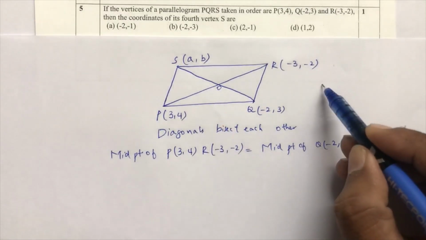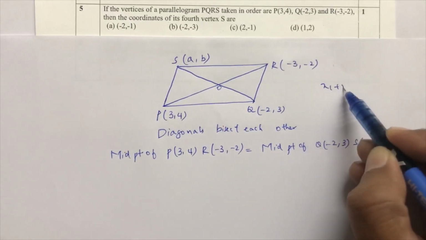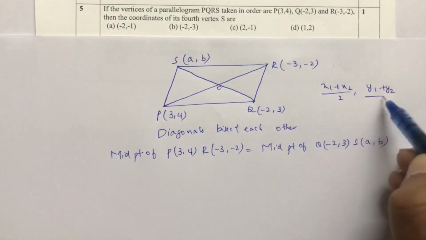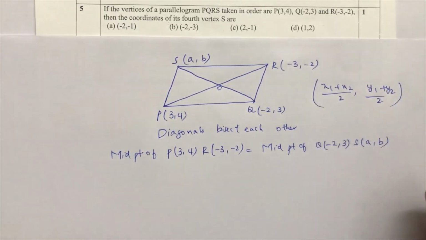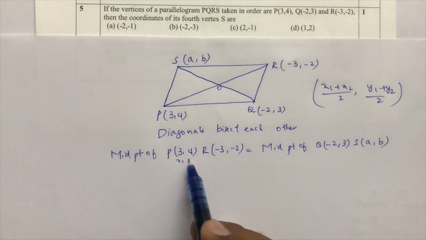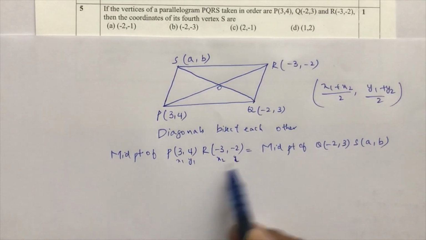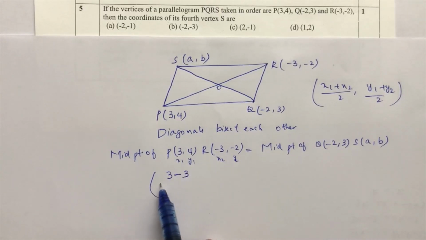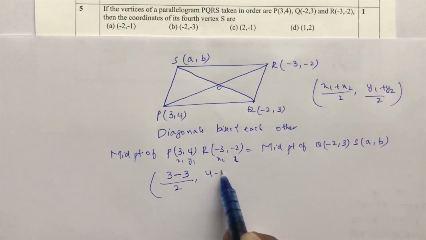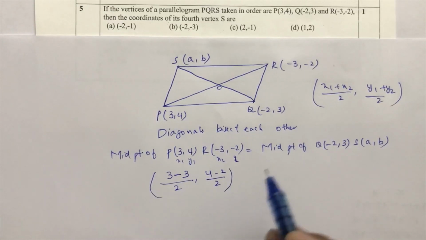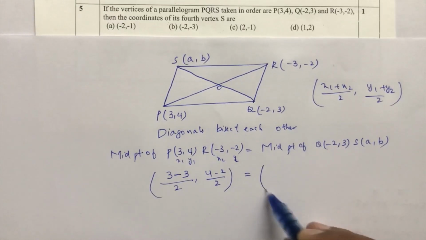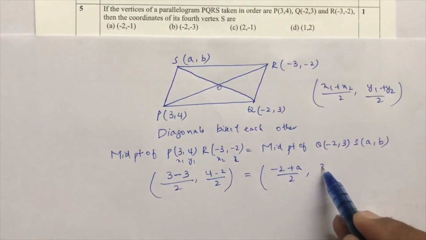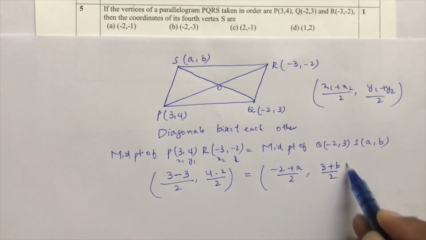Now midpoint formula is x1 plus x2 by 2, y1 plus y2 by 2. This is the formula for midpoint, where these are x1 y1 x2 y2. So 3 minus 3 by 2, 4 minus 2 by 2 equals minus 2 plus a by 2, 3 plus b by 2.